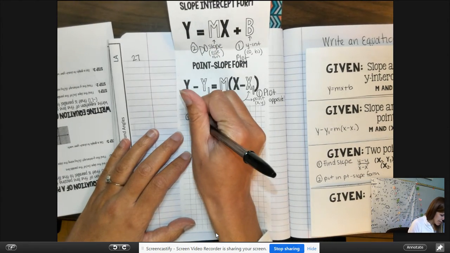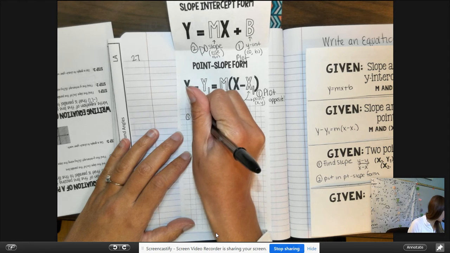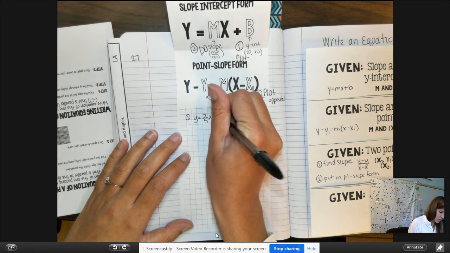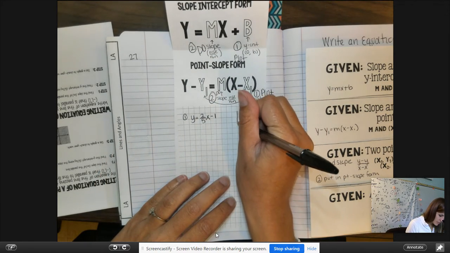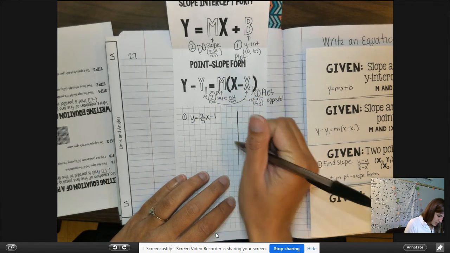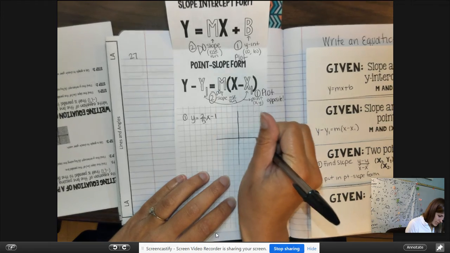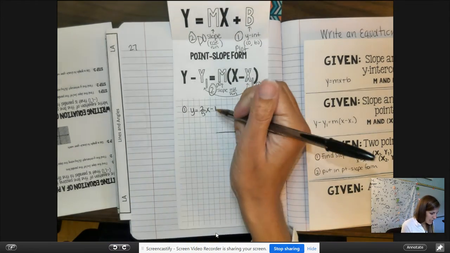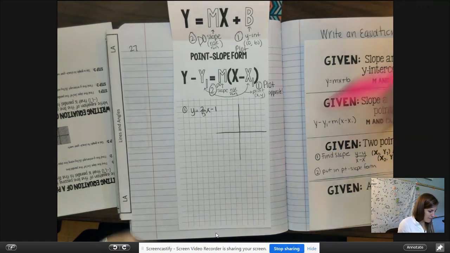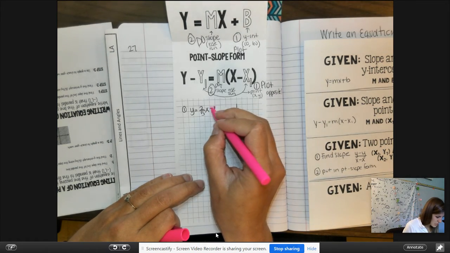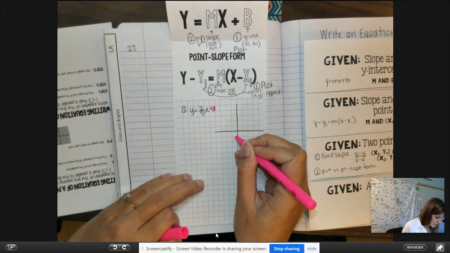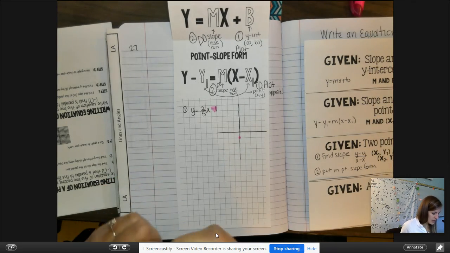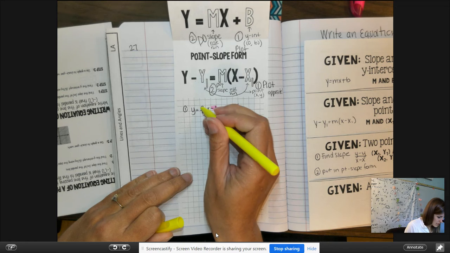So we'll do 2 quick examples. First one, let's say I needed to graph y = 2/5 x - 1. Whenever I give you grid lines, you should just use the grid lines. Don't make your own, like don't add in your own little tick marks. So here is my y-intercept. We want to do that first. So I plot -1 on the y-axis. And then we secondly want to count out our slope.